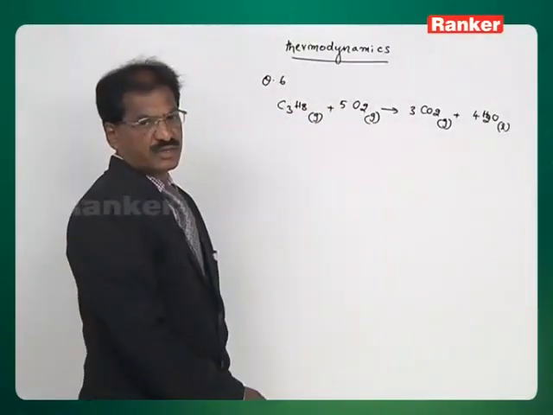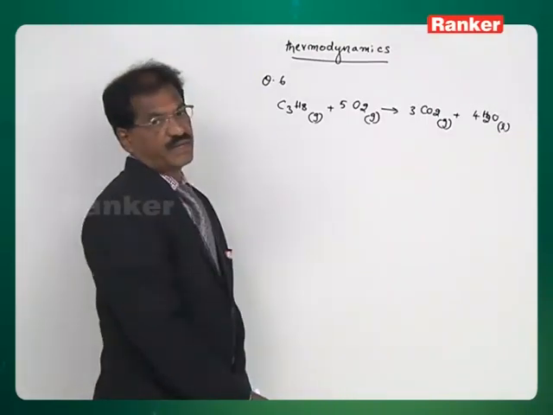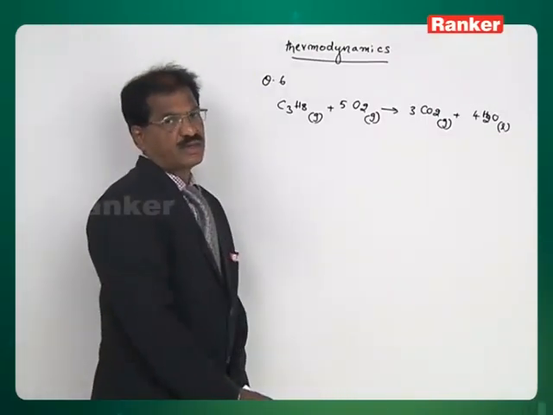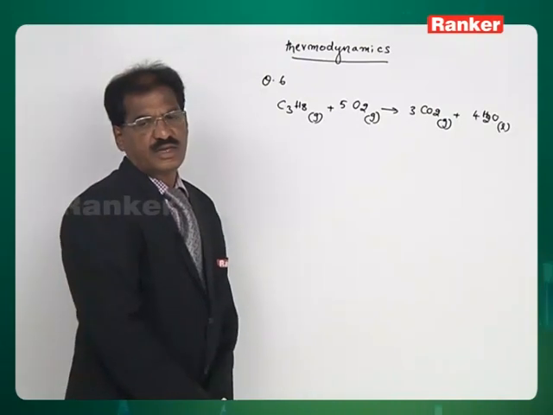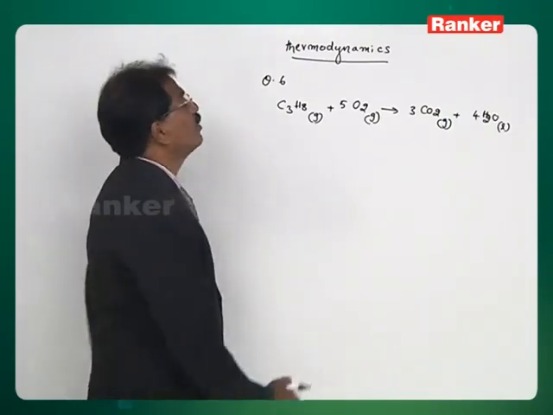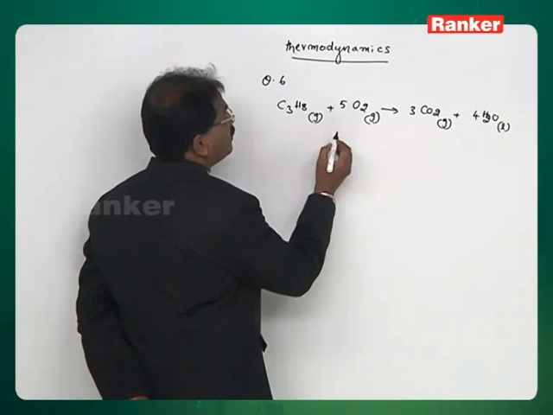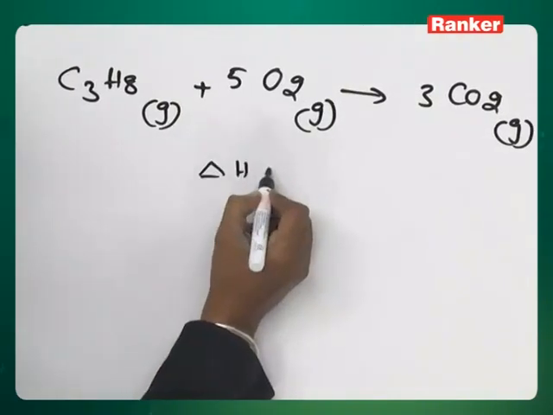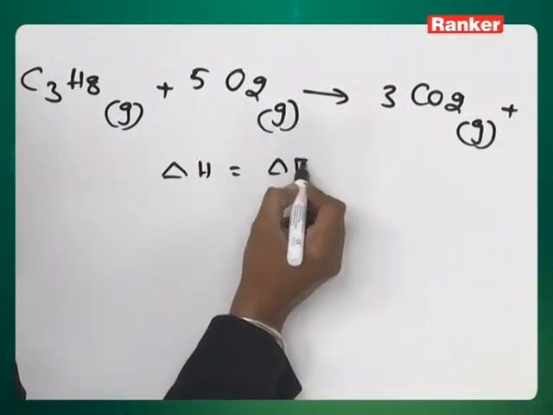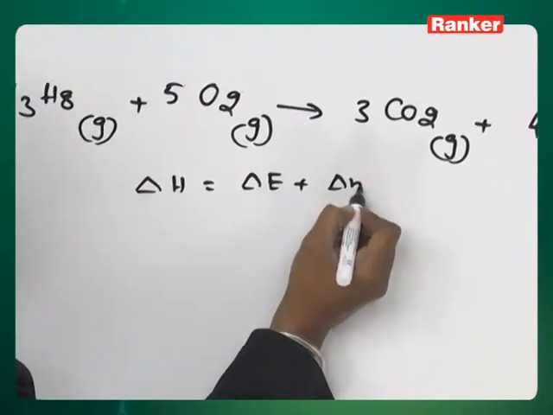This is the reaction given in the problem. This reaction is taking place at constant temperature. Now, we want the relation between del H and del E. So, in order to find out the relation between del H and del E, the suitable expression that we have to use is del H equals del E plus del n RT.